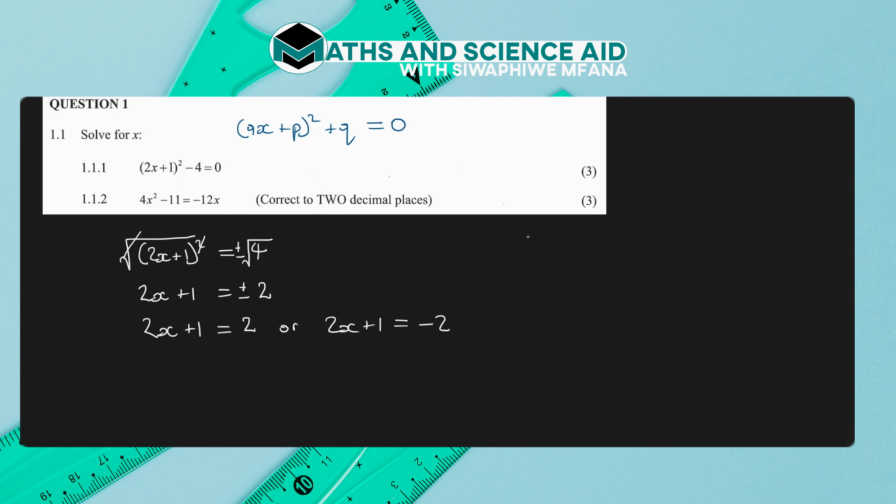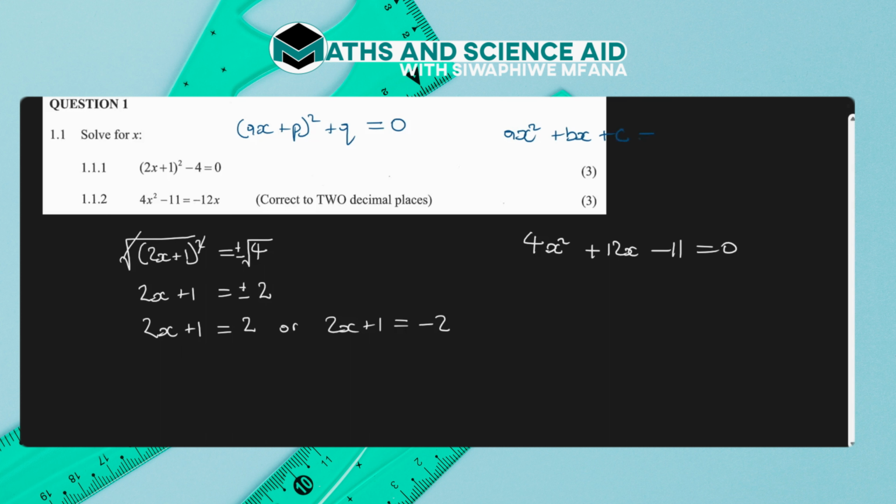So the most important thing here is to make sure that you write this equation as 4x squared plus 12x minus 11 equals 0, because that is the standard form of a quadratic equation. It's ax squared plus bx plus c equals 0.